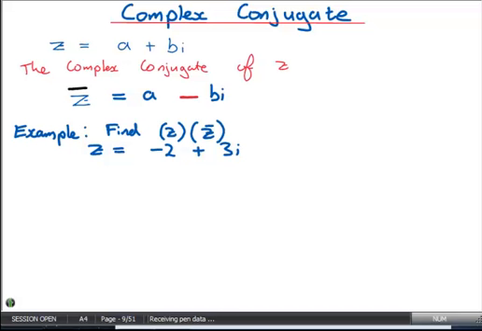Well, first off, we'll find out what the complex conjugate is. If z is minus 2 plus 3i, the complex conjugate is just minus 2 minus 3i. You change this sign here.